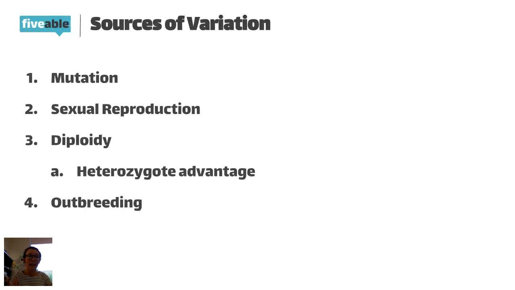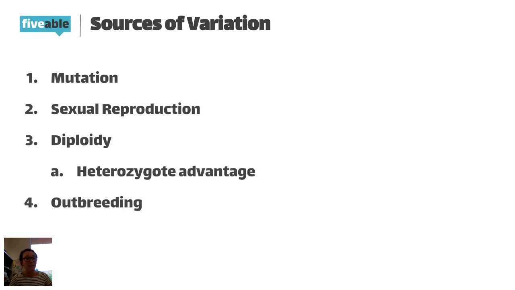So you have this blend in an egg and this blend in a sperm that are coming together and creating something that's completely and entirely unique. There's a 1 in 8 million chance that the same two people can produce the same child. 1 in 8 million. So it's not going to happen. There's that much variation just amongst two individuals. So it is a crazy and wonderful thing that contributes variation to this world.